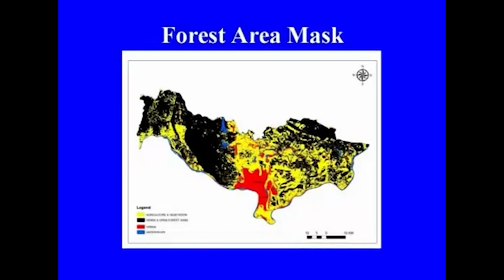So, these are the areas one can say would be unsuitable for any developmental activities. The other areas like the yellow show the agricultural and the vegetation areas, red shows the urban, and blue shows the water body locations.